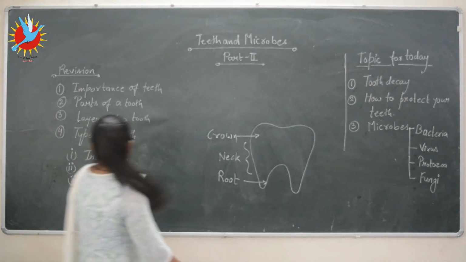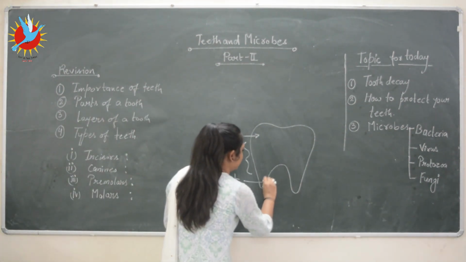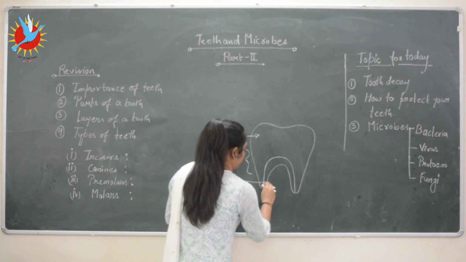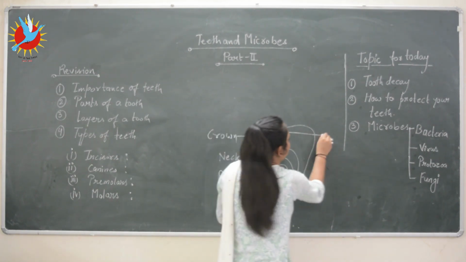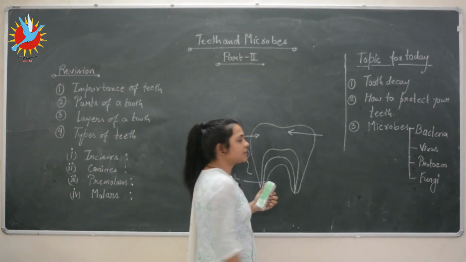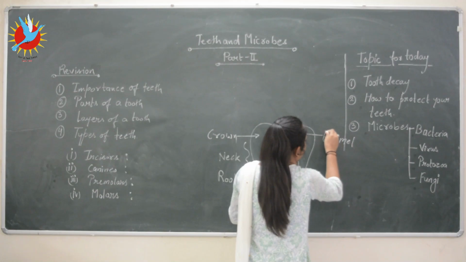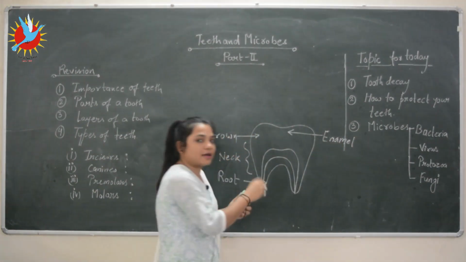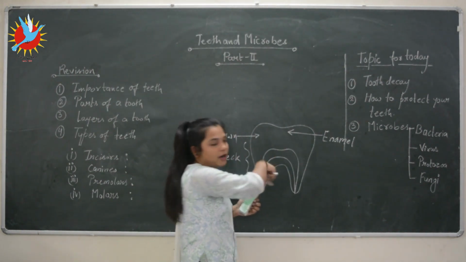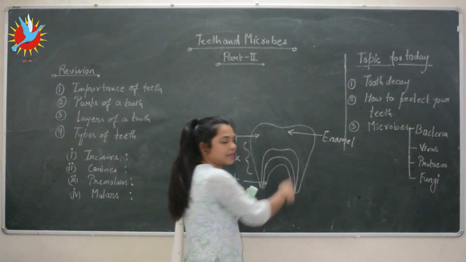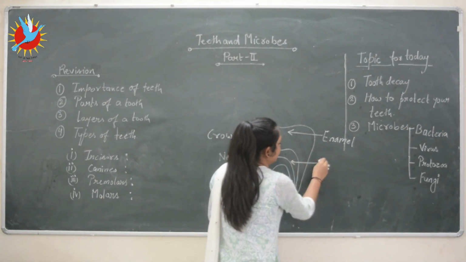Now the next one is layers of a tooth. Let me just draw the 3 layers. This uppermost layer is known as enamel. This is the hardest layer of a tooth, and it also protects the inner part of the tooth, such as the second layer and third layer. Now the second layer is dentine.